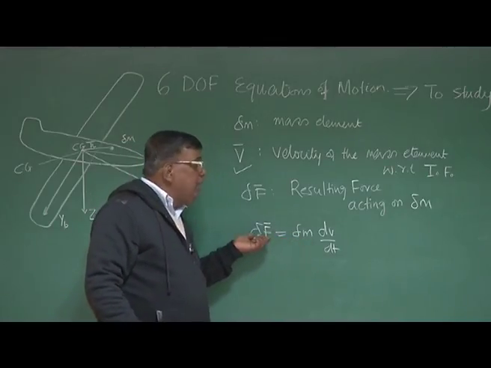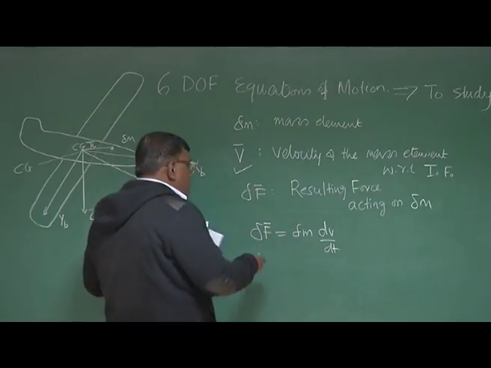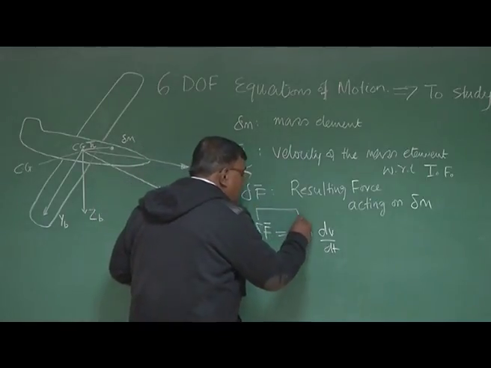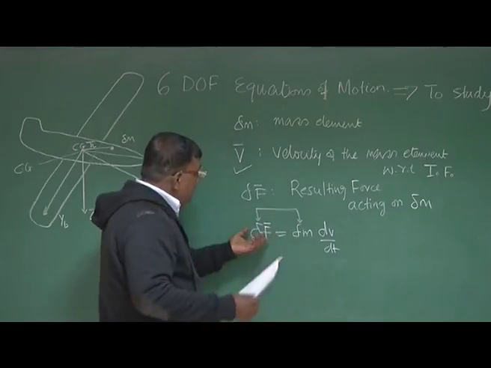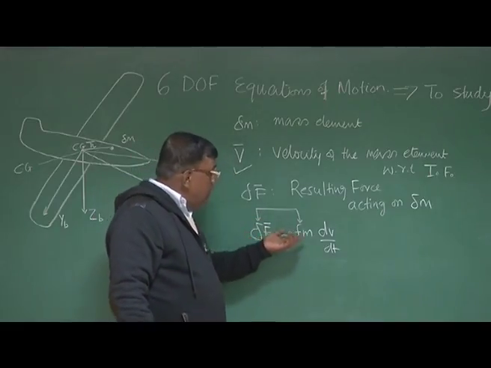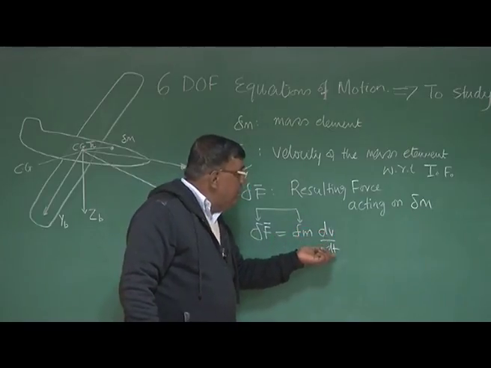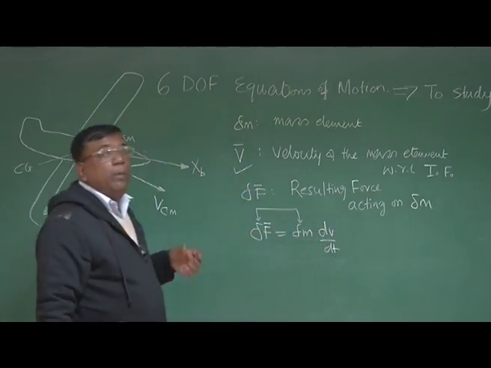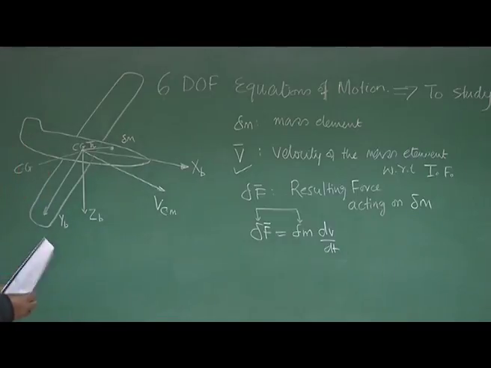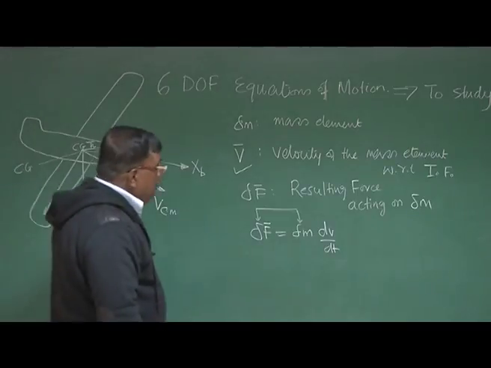This delta F is acting on dm. So, I draw a line like this so that you clearly understand. This is the external force acting on dm, which is causing acceleration dv by dt, or which is changing the momentum, right, in accordance with Newton's laws of motion.